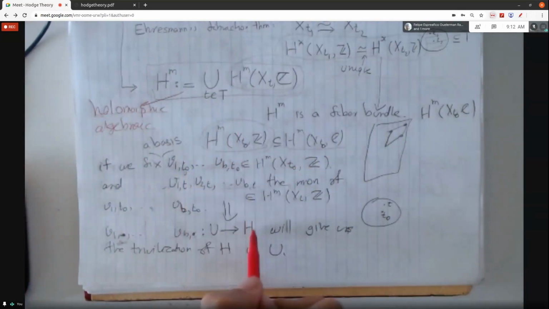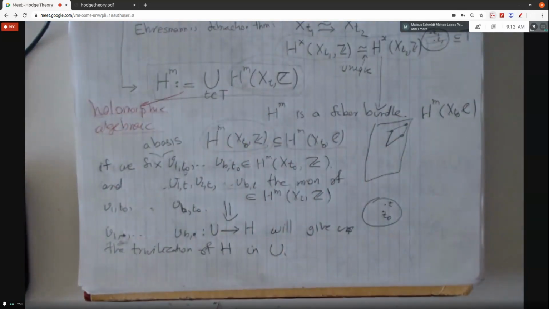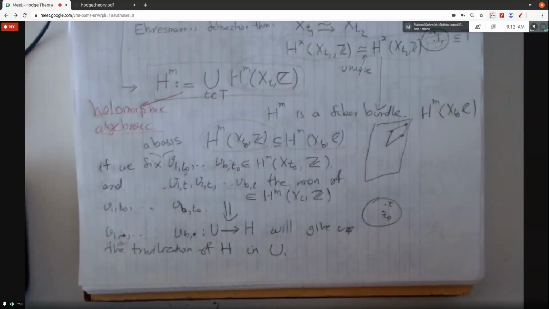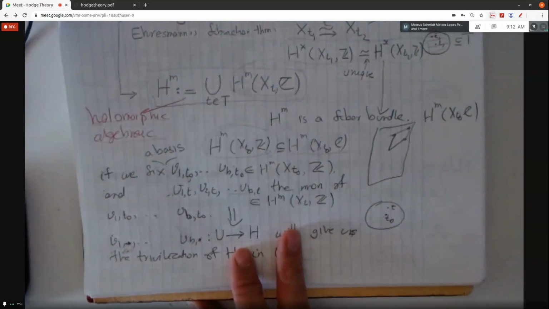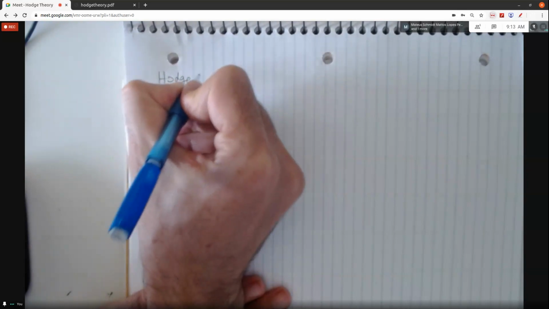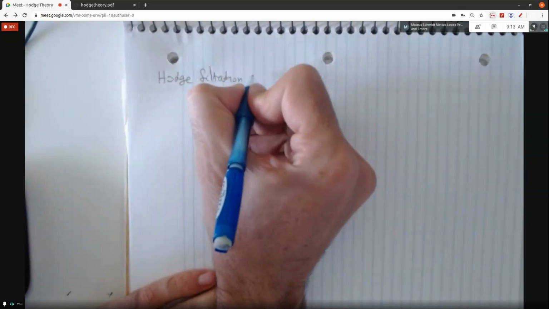Holomorphicity is already clear from this argument, but algebraicity is not yet clear. So we have this cohomology bundle, and from this cohomology bundle we also have the Hodge filtration bundle.